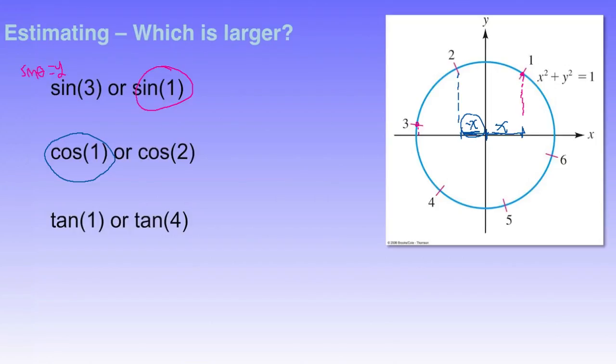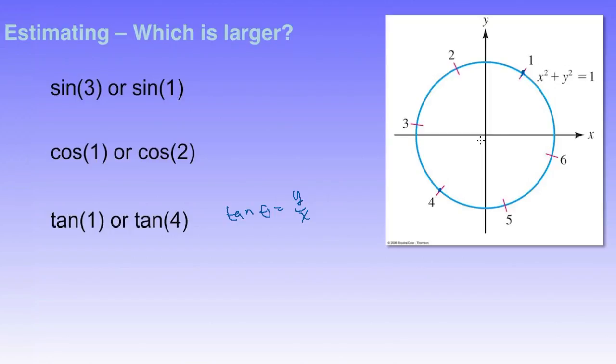The last example is a little bit more challenging. In order to figure out which is larger between tangent 1 or tangent 4, I need to compare the x-coordinates and the y-coordinates. So here's 1 and here's 4. And tangent, which is y over x, can also be thought of as a slope. So to help me out a little bit, I'm going to draw on a 45-degree line, which is a line that has a slope of 1.